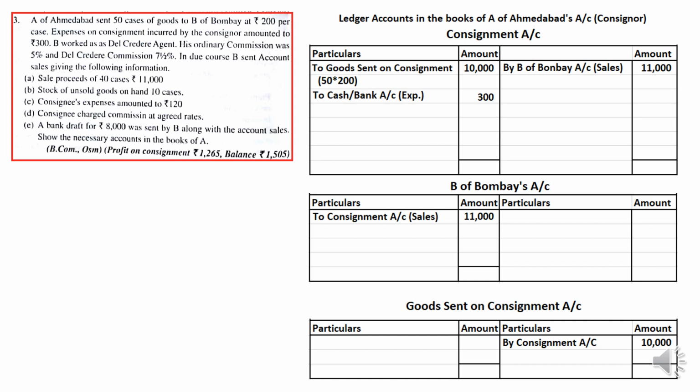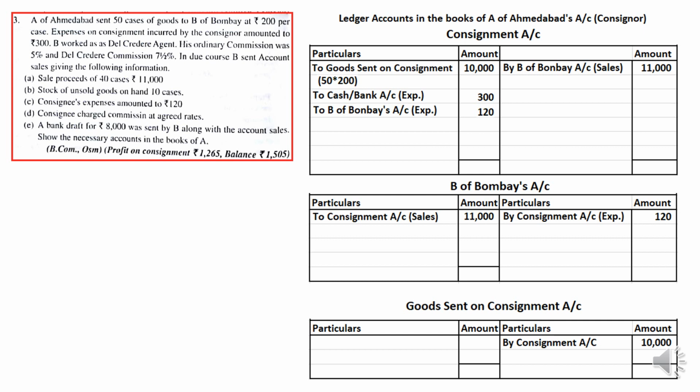Then closing stock we will take up later, but consignee's expenses 120. In the consignment account we write to B of Bombay account, expenses 120, and in the B of Bombay account we have already prepared, therefore we write by consignment account rupees 120. In the sense, debited in the consignment account and credited in the consignee account, the expenses.